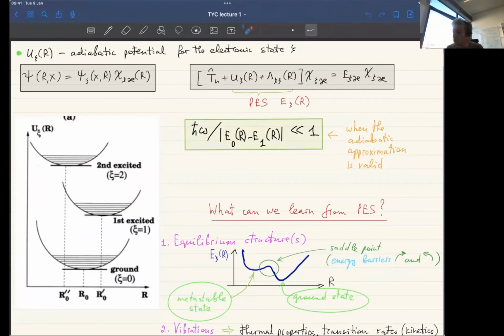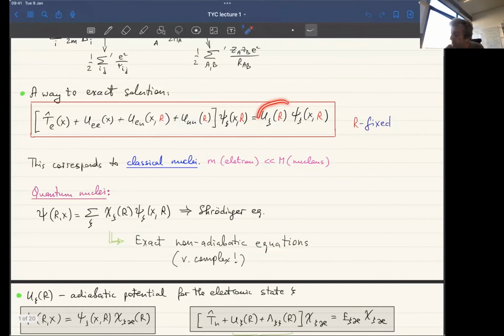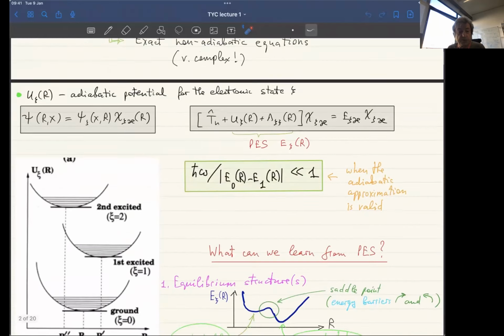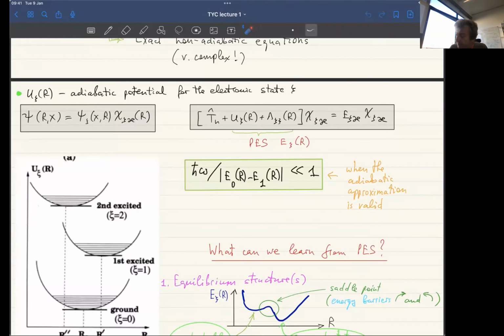When this approximation of a single term in the sum is a good one, is when these energies of the electronic-only problem as functions of the nuclear positions are separated from each other. So this is the ground state, this zeta index equal to 0. This would be the first excited state, zeta index equal to 1, and so on. If the separation between these parabolas is large, then this single term would be sufficient for the wave function in this range of nuclear positions.